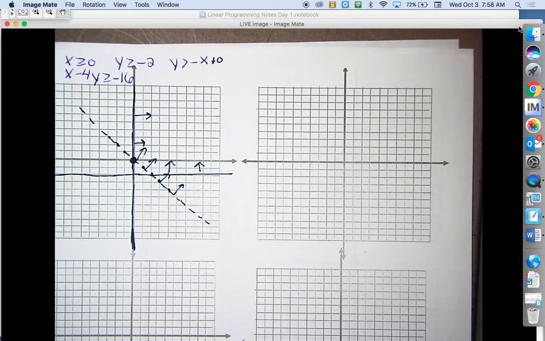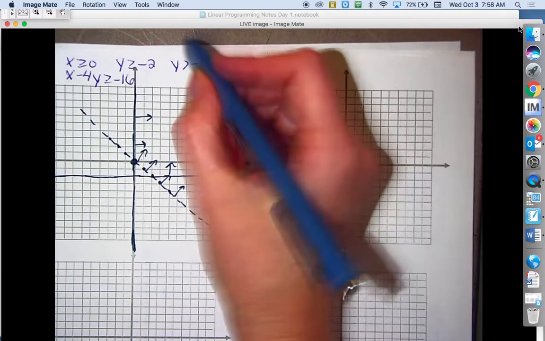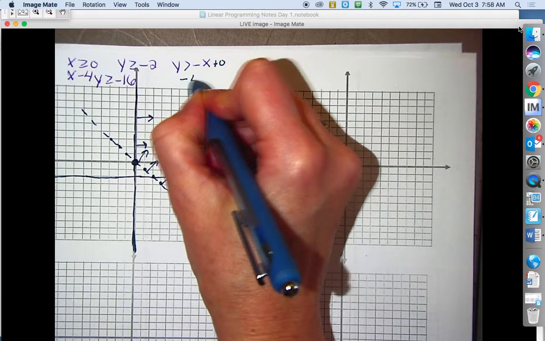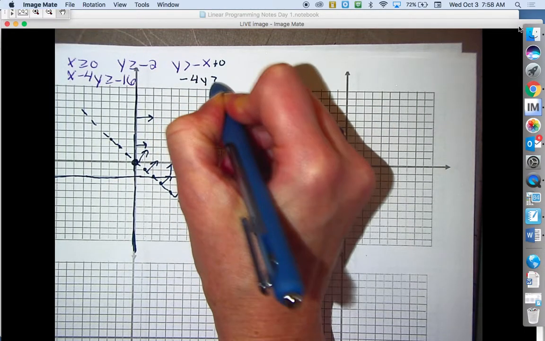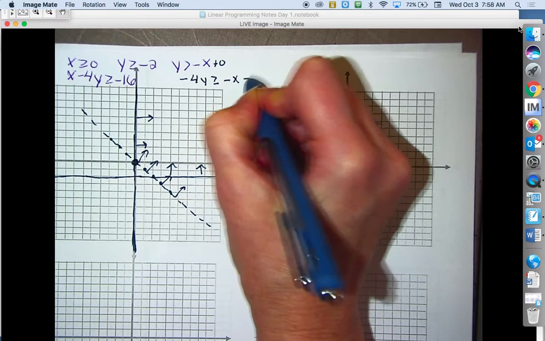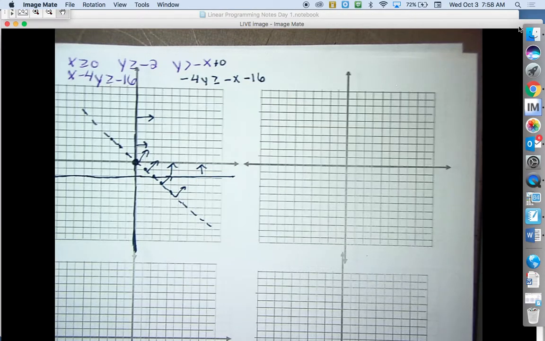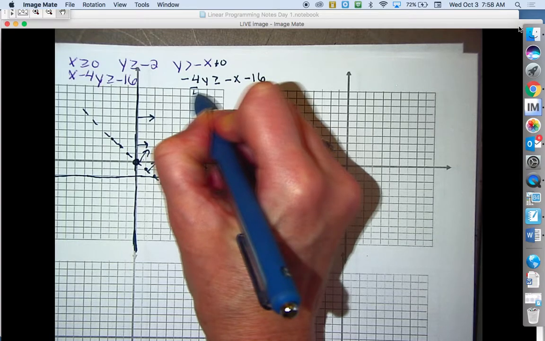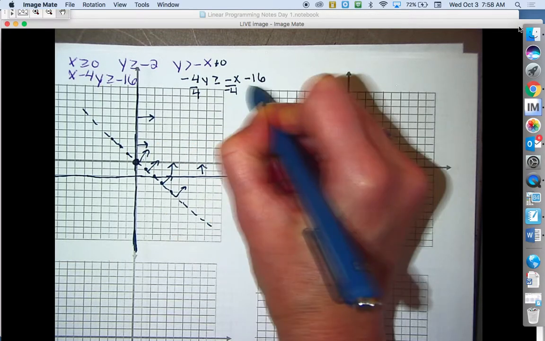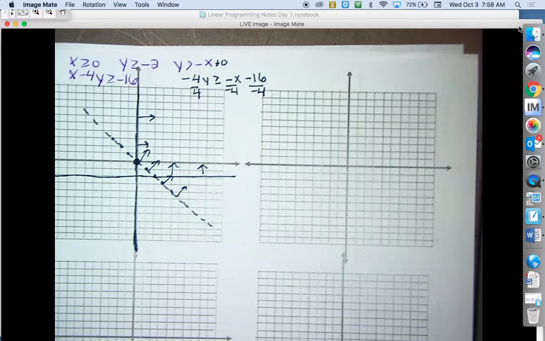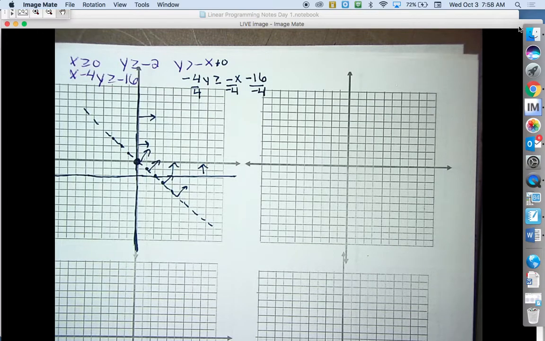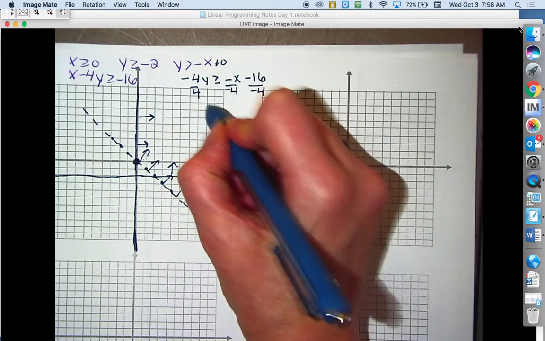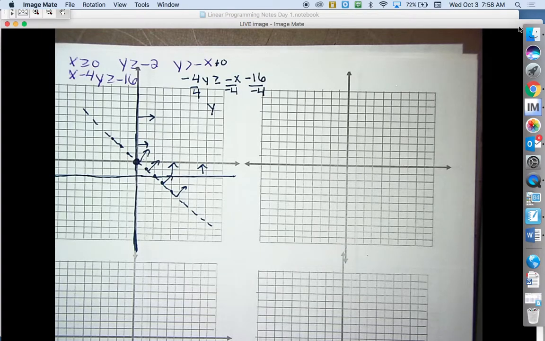The last one we have to solve, so we would take the x to the other side, giving us negative 4y is greater than or equal to negative x minus 16. And then we divide by negative 4. Does anybody have that inequality once you divide by negative 4? What inequality do you get? Julia?